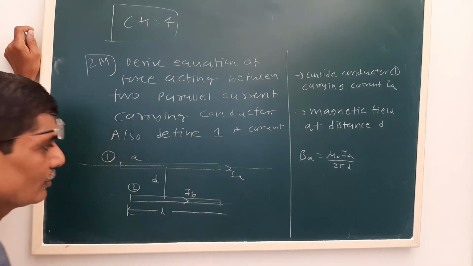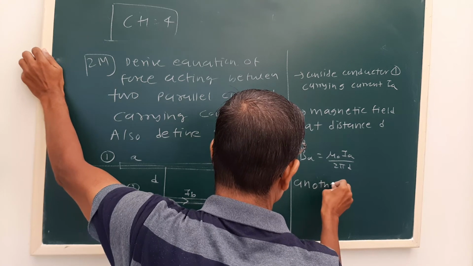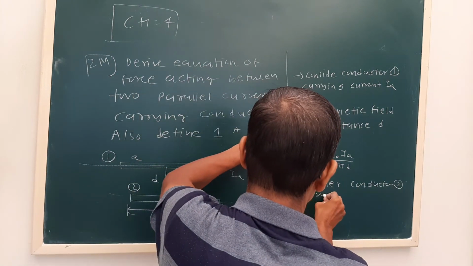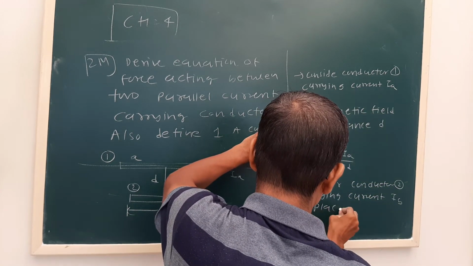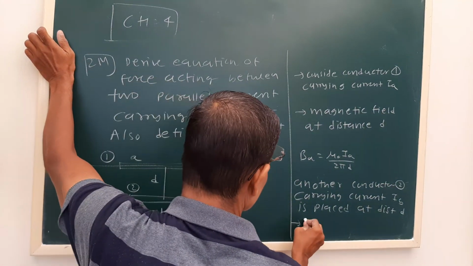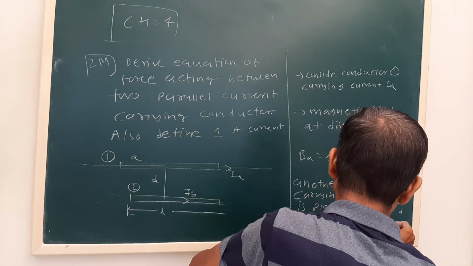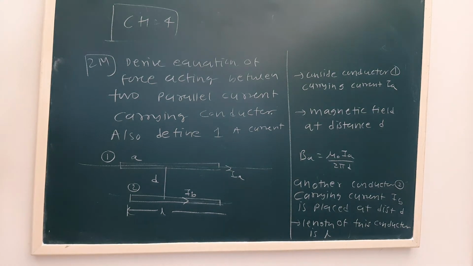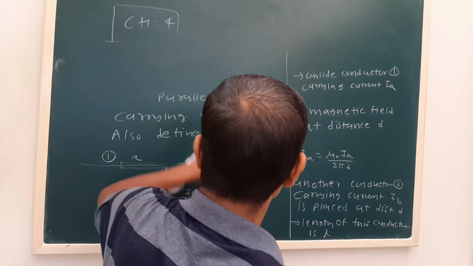This is the second conductor, carrying current IB, placed at a distance D. The length of this conductor is L. So what is the force acting on the second conductor?